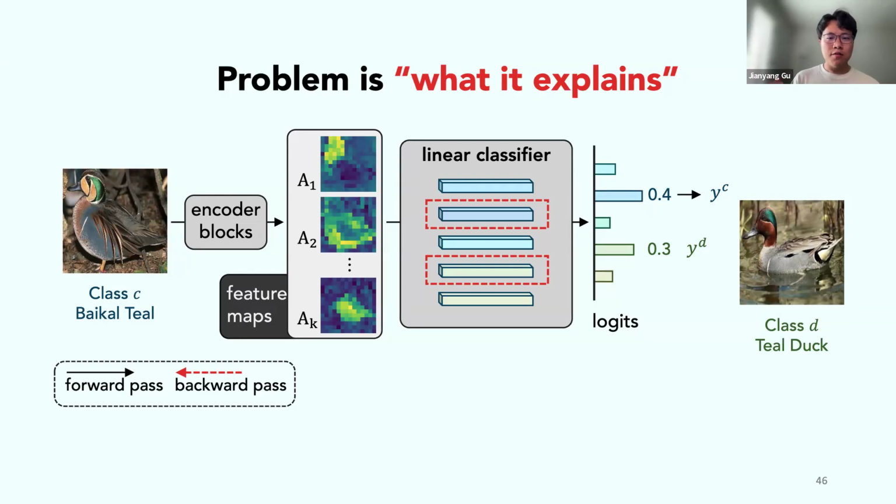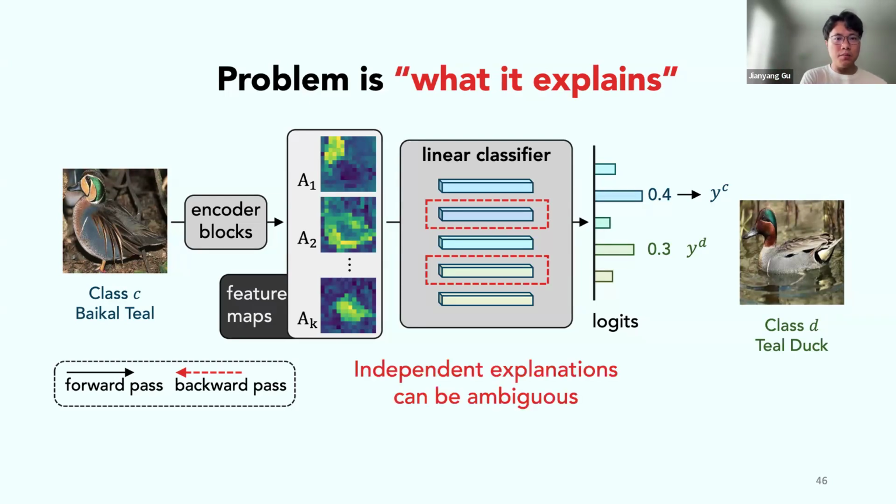And of course, for the case of blue grosbeak, the blue feather is really a significant feature, so it will inevitably use the blue feather as the main explanation. That's why we say the independent explanations can be ambiguous.